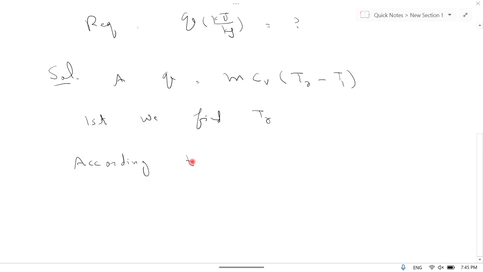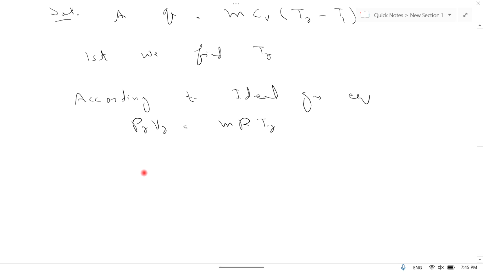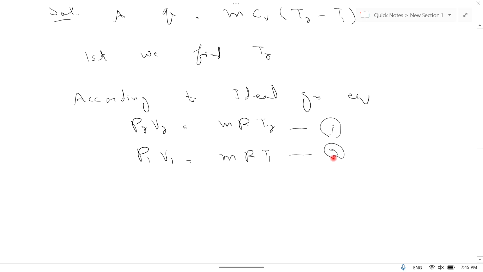So according to the ideal gas equation, P2 V2 is equal to mRT2 and P1 V1 is equal to mRT1. This is equation number first and this is equation number second.